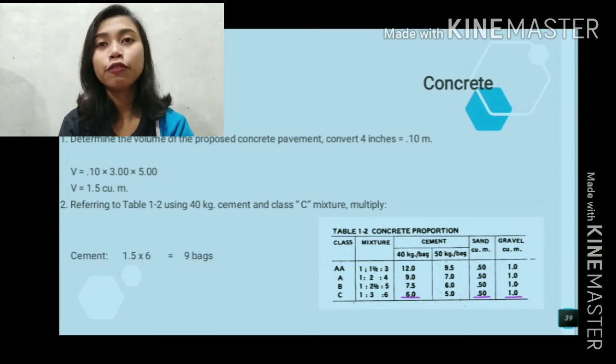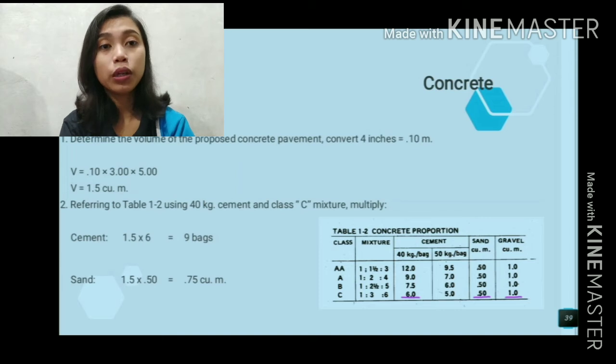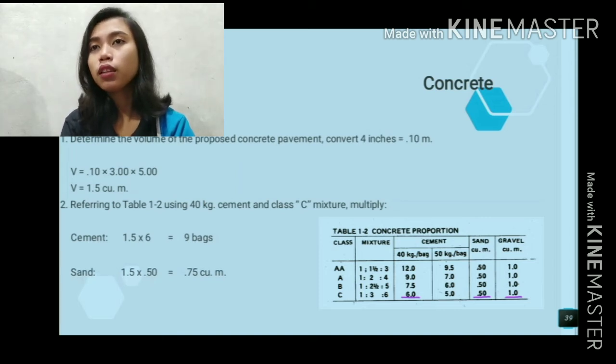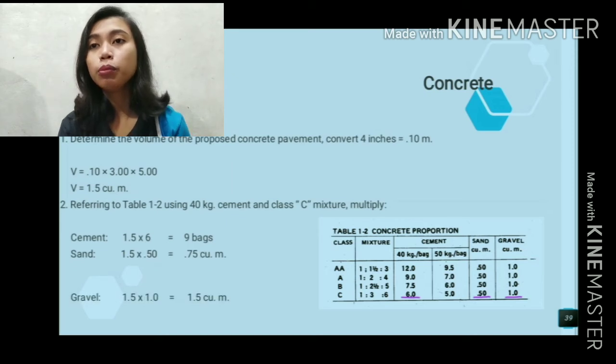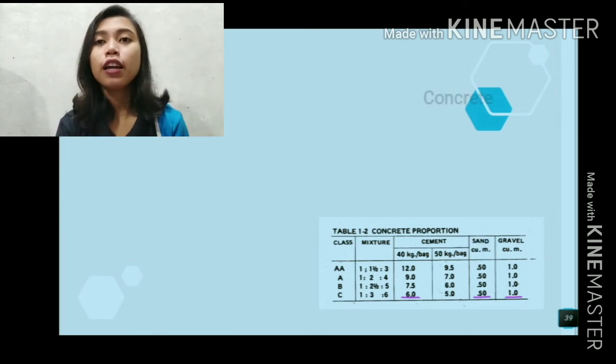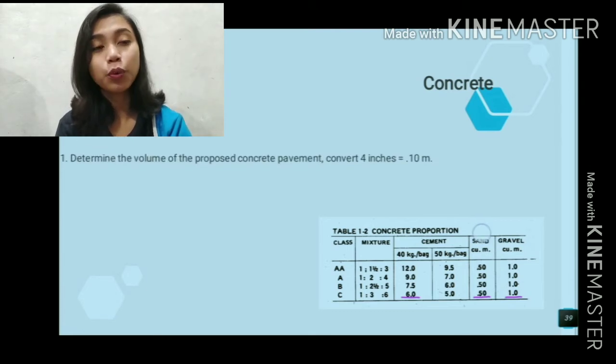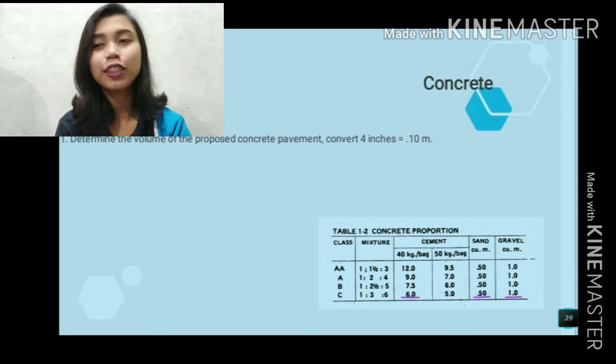So we'll multiply 4 inches by 0.025, which is equal to 0.1 meter. And in finding the volume, we will multiply 0.1 meter by the width 3 meters and the length 5 meters. So the volume of the proposed concrete pavement is 1.5 cubic meters.